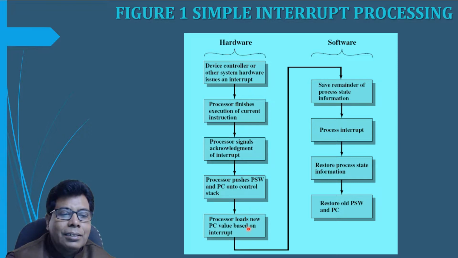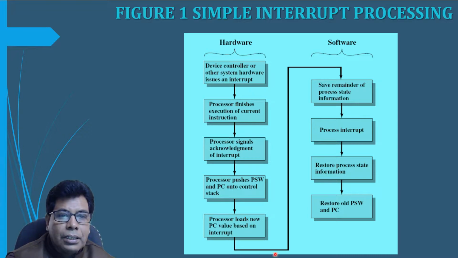That is nothing but the address of the interrupt vector or the address of the interrupt service routine. That will be loaded into the program counter so that the execution of the ISR can take place.